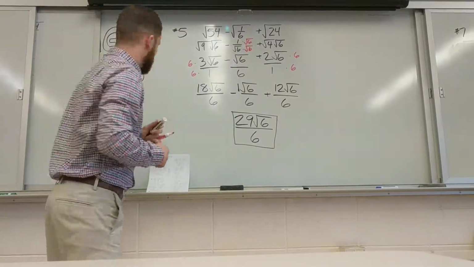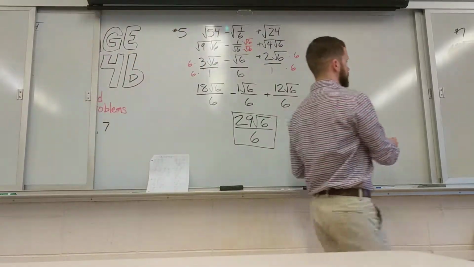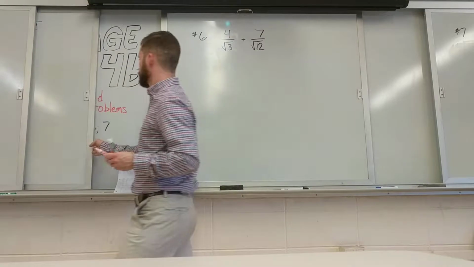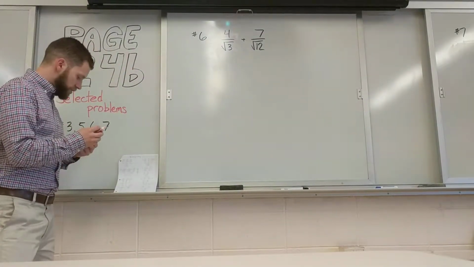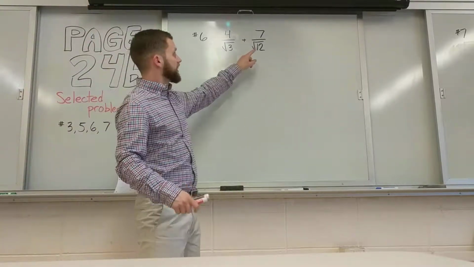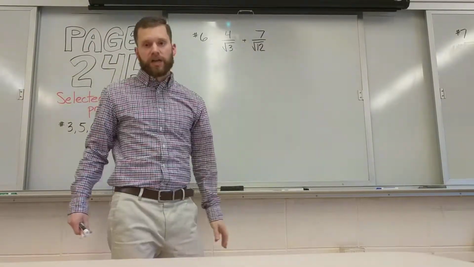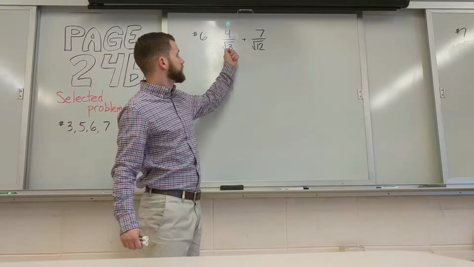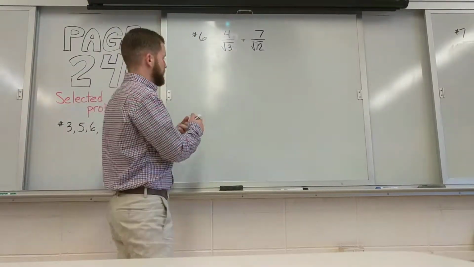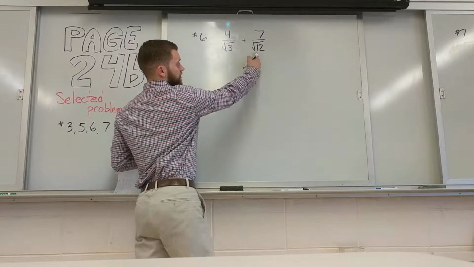Okay, next let's go ahead and look at number 6. All right, so for number 6, I would say let's go ahead and simplify this root 12. You can either get rid of the radical in the denominator first, or you can take care of it later. So right now, let's take this.